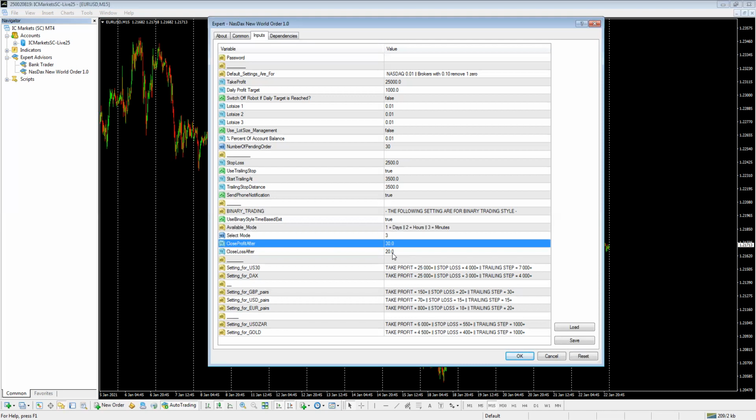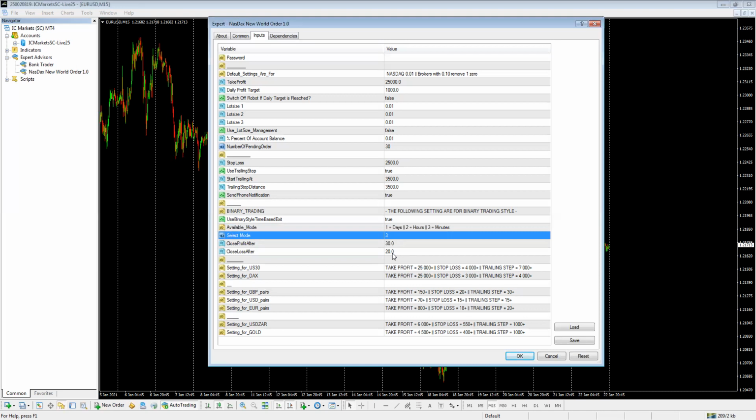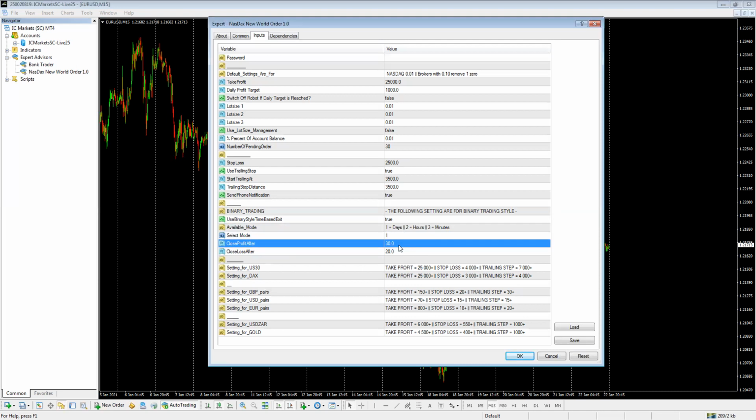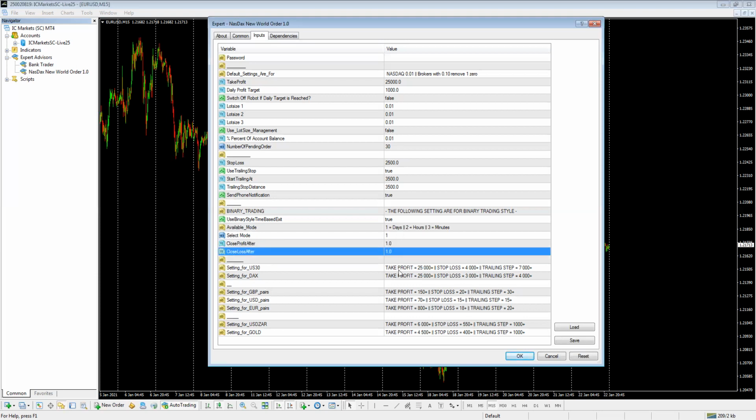Okay, so these are the available modes. If you decide you want it for a day, this you can also use if you are a day trader. You can use days. You say 1 day, you can close 1 day, which means now you are saying when the robot finds, let's say during London Open, the robot picks up the signal for analysis matching, it will open the trade for you, with whatever lot size, either 1, 2, or 3.